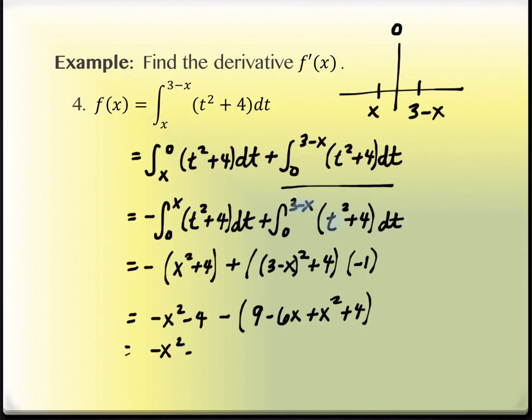So negative x squared minus 4 minus, let's see, 9 plus 4 would be 13, so minus 13 plus a 6x and minus an x squared. So I have negative 2x squared plus 6x and minus 17.